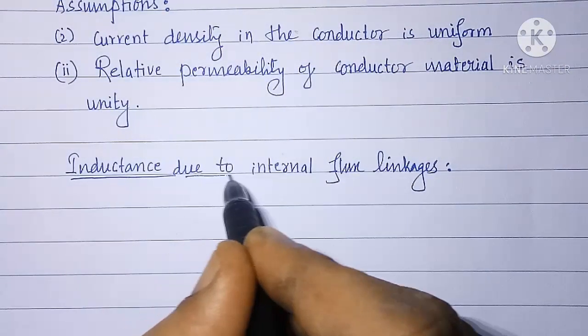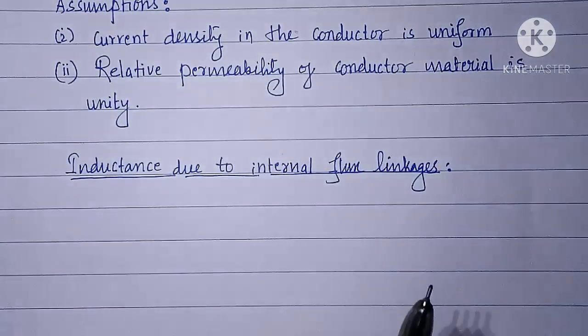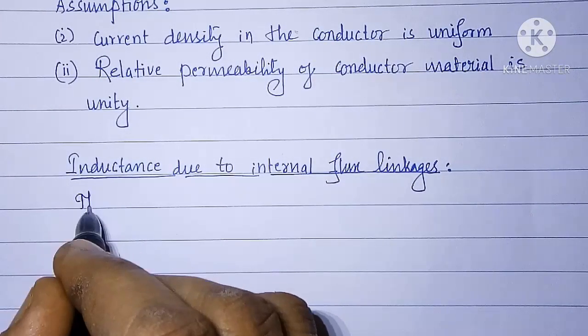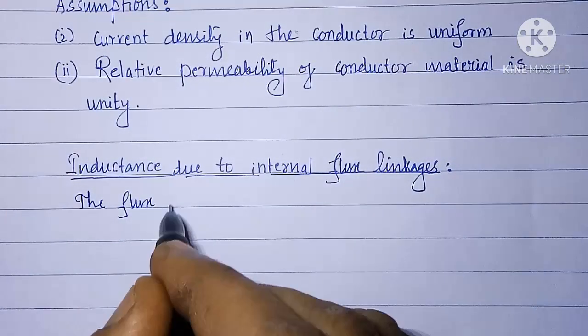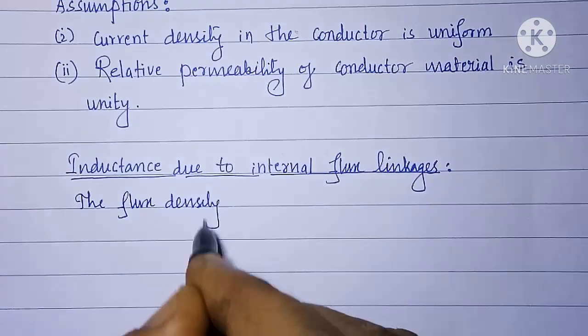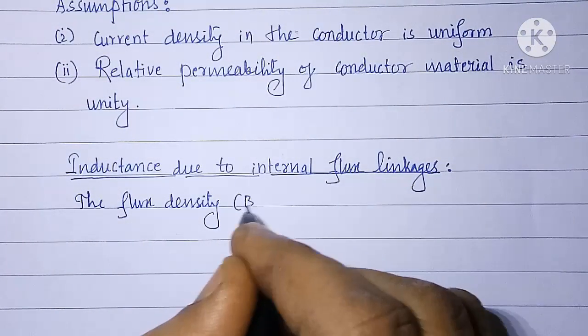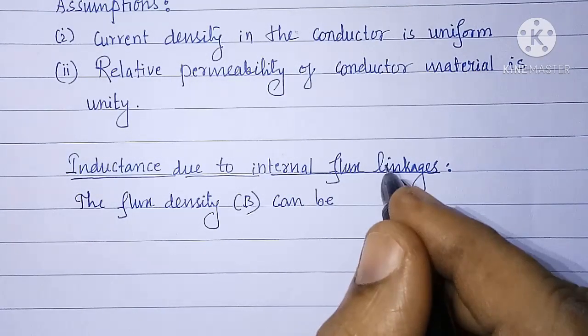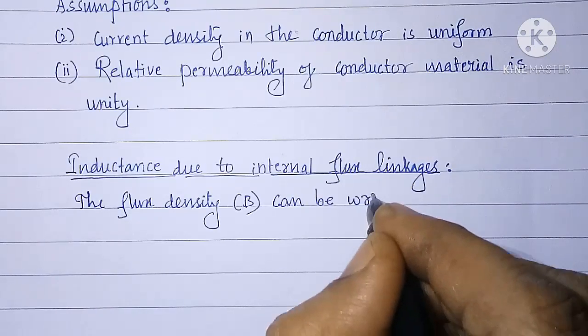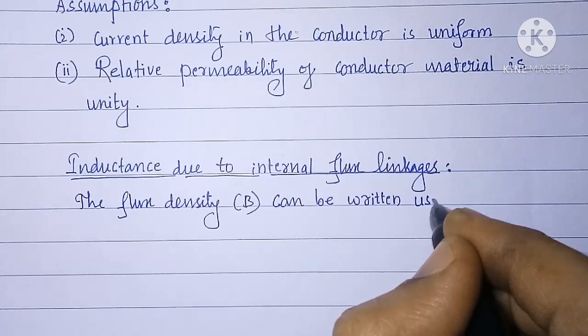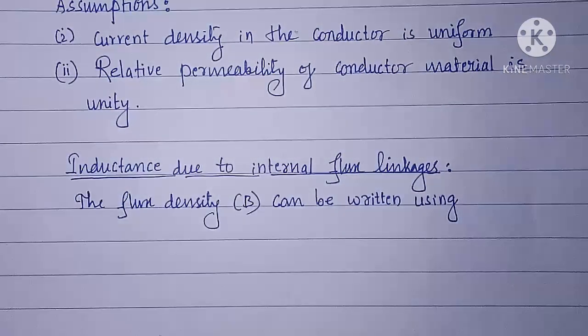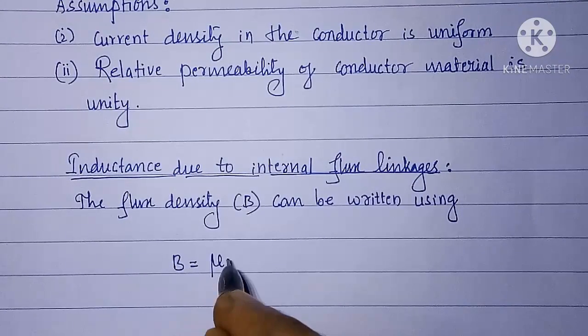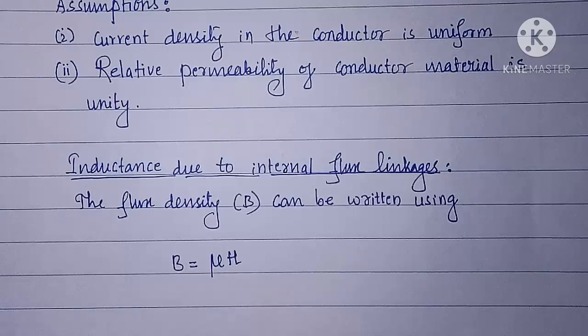In first year basic electrical engineering subject, you have learned that the flux density B can be written using field intensity as mu H, where mu is called permeability and it is given by mu naught into mu r.